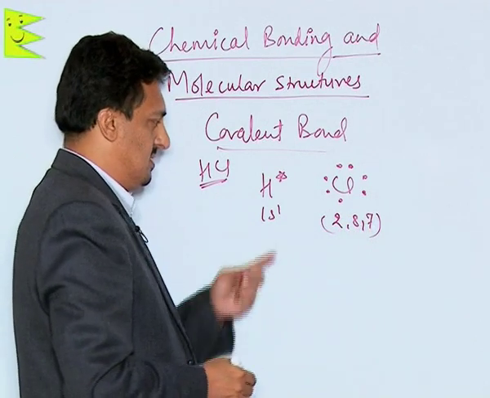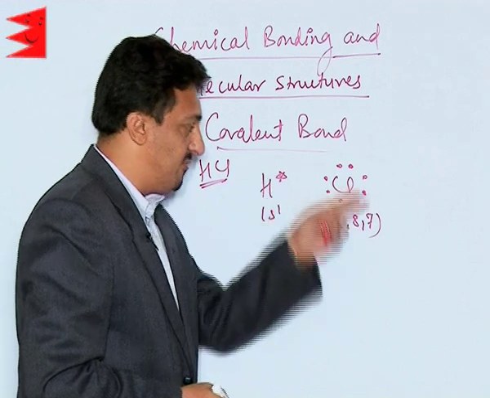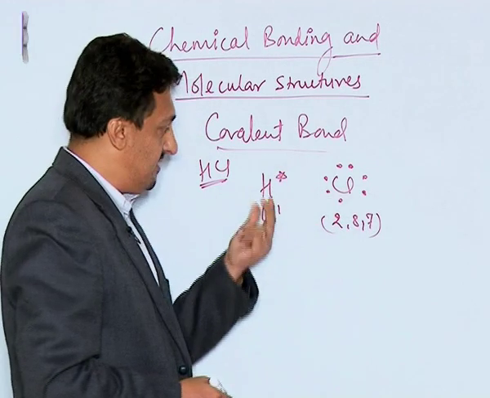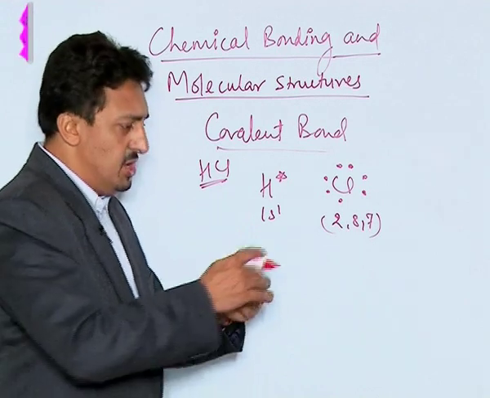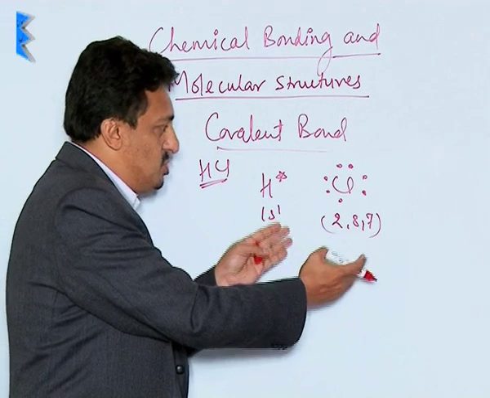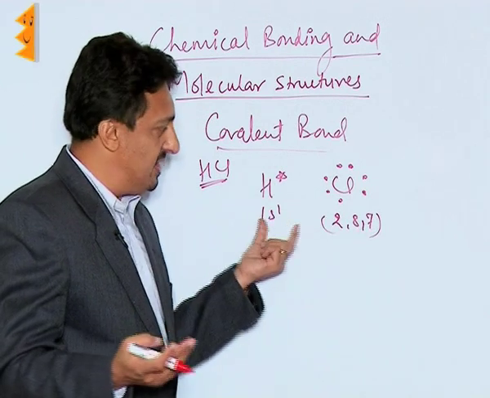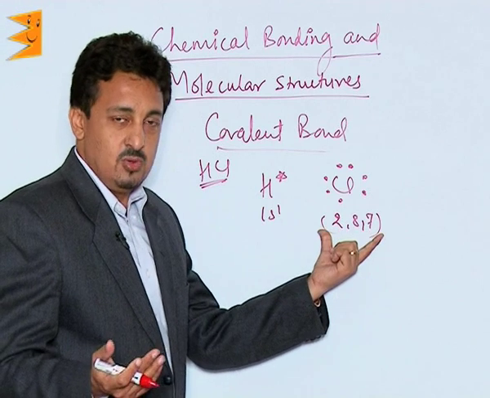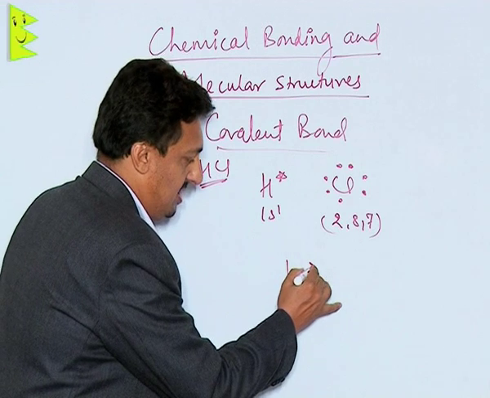Now they don't involve the transferring of electrons. The reason is hydrogen is very small in size, it has high ionization energy, so it won't be losing electrons very easily. So they try to share their one electron, so that this also attains helium's configuration and this also attains its own period's noble gas configuration. So they try to share it like this.